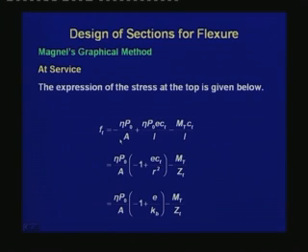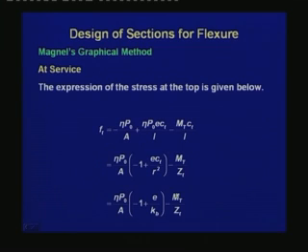First, we are writing the expression of the compressive stress at the top. The first term is a uniform component, which is minus eta P0 divided by A. The second is the tensile component due to the eccentricity of the prestressing force, which is eta P0 times E times Ct divided by I. And the third component is a compressive component due to the total moment, which is Mt times Ct divided by I. We are grouping the terms with P0 together, and for the term with Mt, we are substituting the section modulus Zt is equal to I divided by Ct.